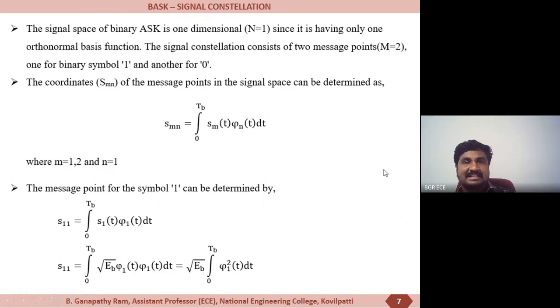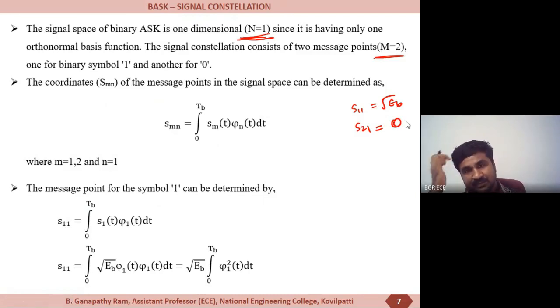Let us discuss the signal constellation map of binary ASK signal. Since it has only one orthonormal basis function, this BASK signal can be represented by a one-dimensional signal space, and the signal constellation has 2 message points, m is equal to 2, that is S11 and S21. S11 is represented by square root of EB, S21 is represented by 0.